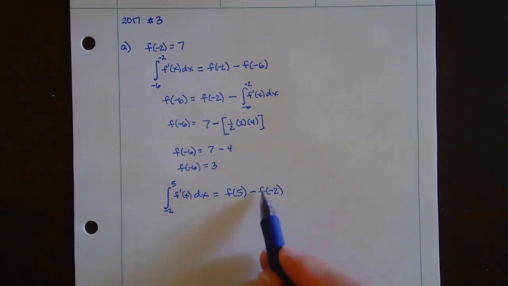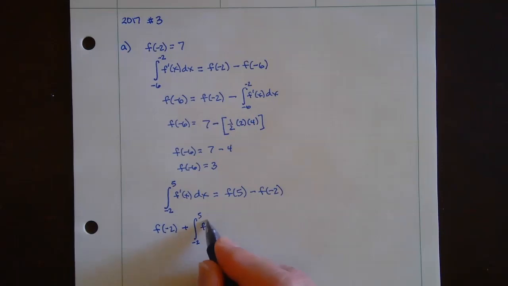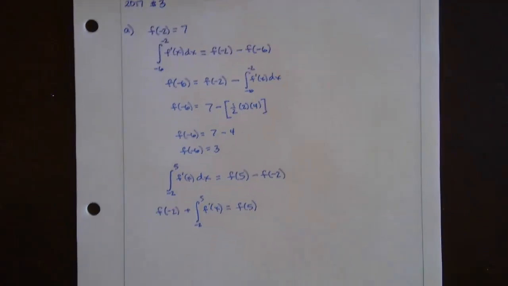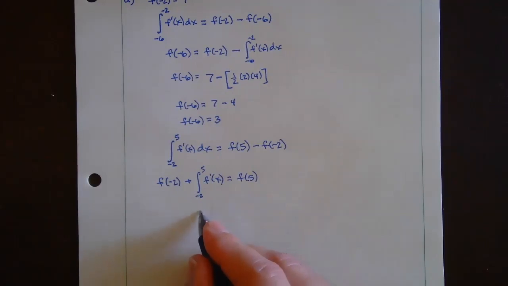Now this time I'm going to move this one over. So f of -2 plus the integral from -2 to 5 of f prime of x would equal f of 5. This just bothers me, this is just me. I want f of 5 to be on the left side, so I'm just going to rewrite it.